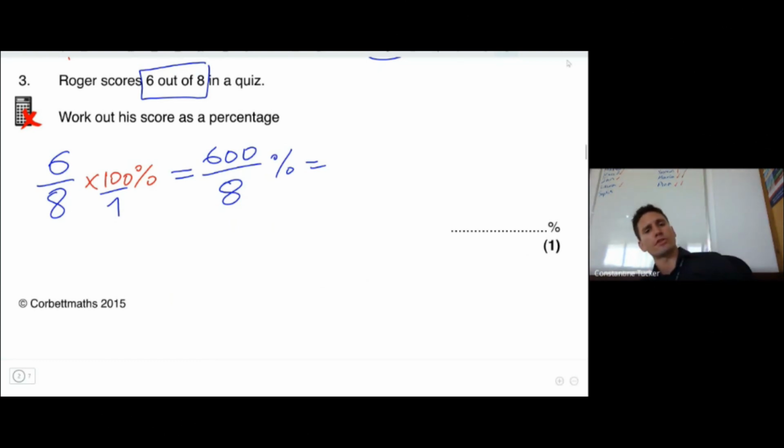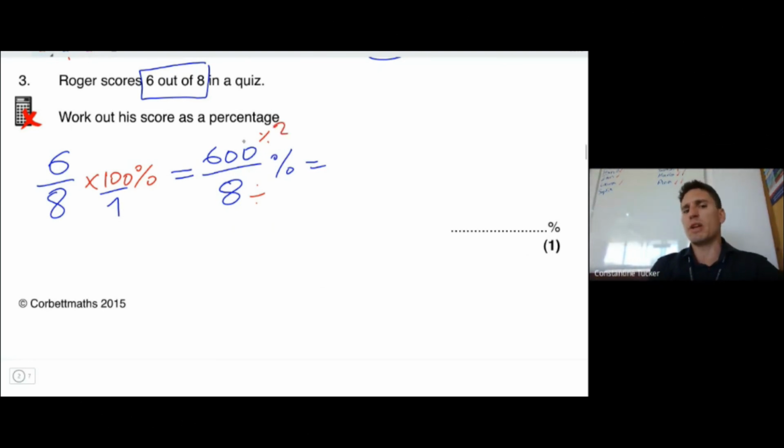Can we simplify this fraction without a calculator? What number goes into both 600 and 8? 8. You mean you can do it immediately? I would say maybe simplify it firstly by saying maybe let's divide both by 2 to make it easier. 300 over 4, and then can we divide by 2 again?